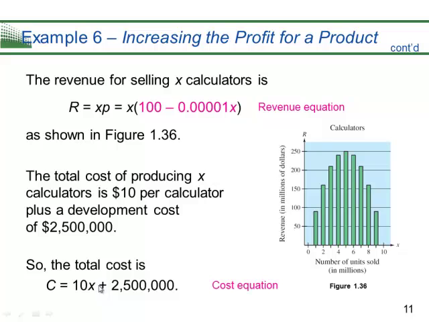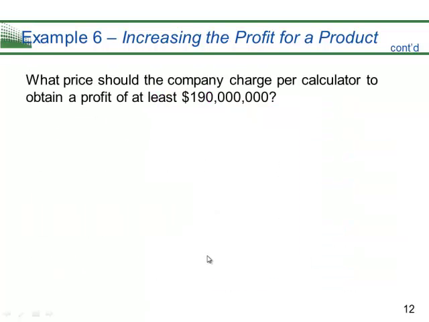So $10 per calculator plus the amount of money we spent in research and development. The real question is, what price should the company charge per calculator to obtain a profit of at least whatever we want our profit to be?